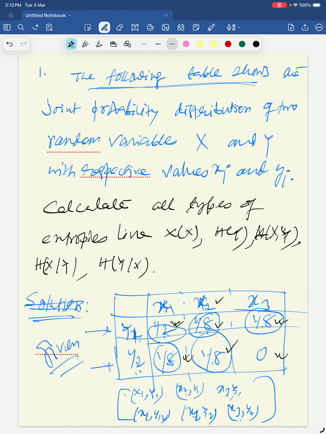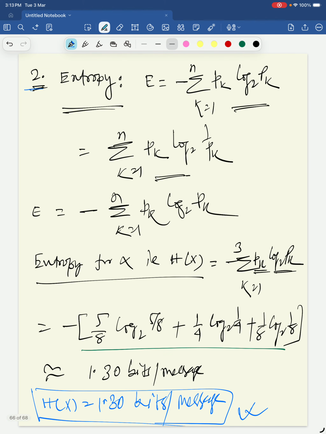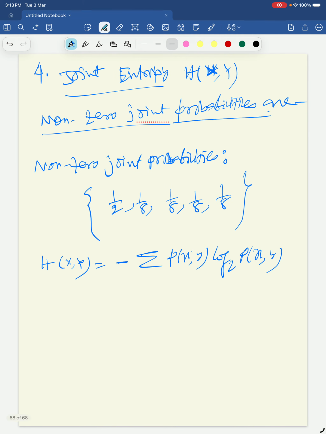So how many probabilities? 1, 2, 3, 4, 5, 6. But the last one, x3 comma y2, that is 0. So that's why here we can write all non-zero.